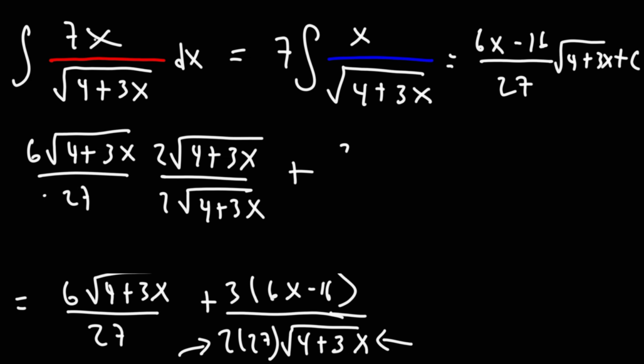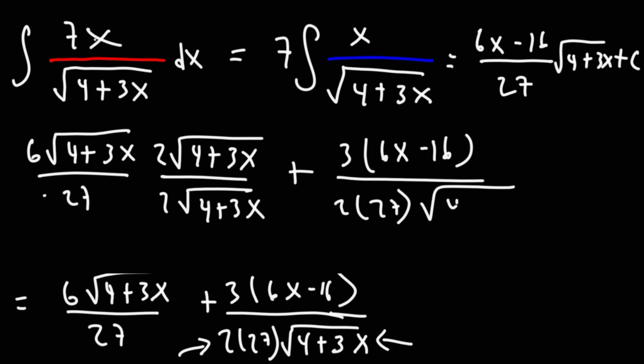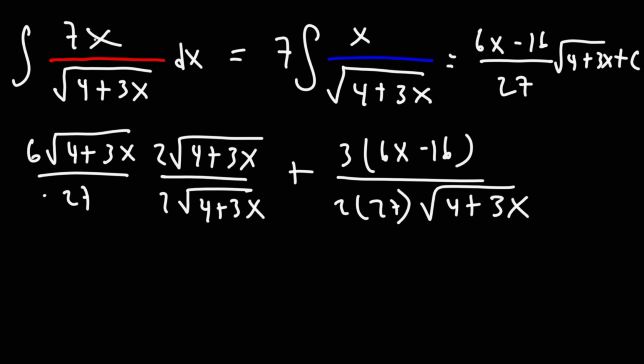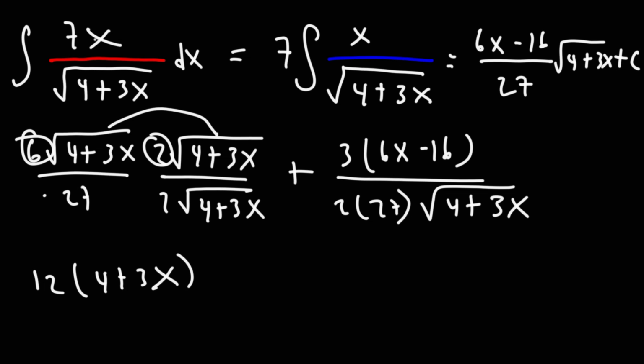I need to rewrite it. So now that we have the same denominator, we can write this as a single fraction. So here we have 6 times 2, which is 12. Now when we multiply these two, the radical will disappear, giving us just 4 plus 3x. And then plus the stuff in the numerator of the second fraction.